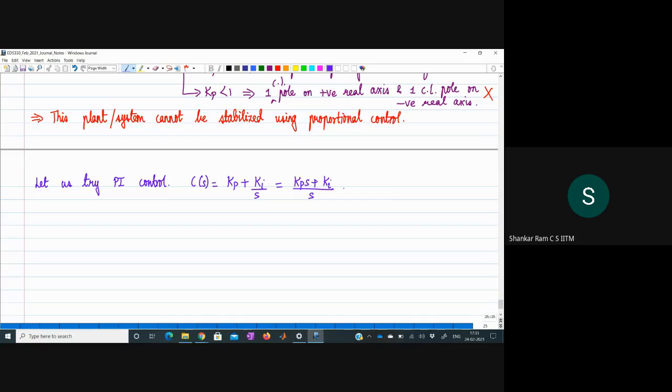So then the transfer function G of s is equal to C of s times P of s. That's going to be equal to Kp s plus Ki divided by s, and the plant transfer function is 1 by s squared minus 1. So this is what we'll have. We can simplify it as Kp s plus Ki divided by s cubed minus s.